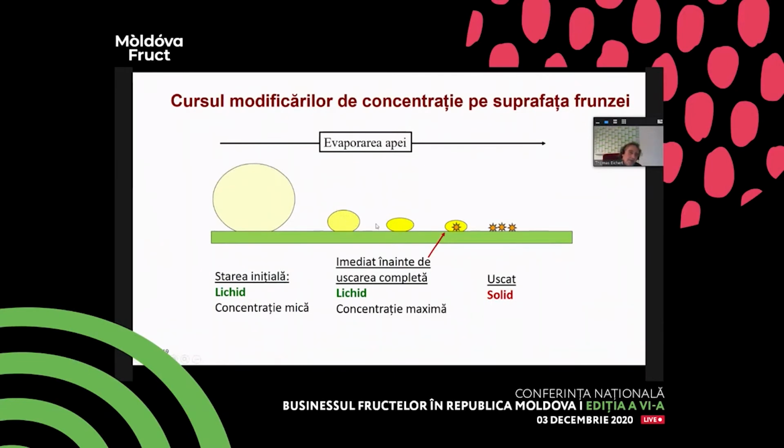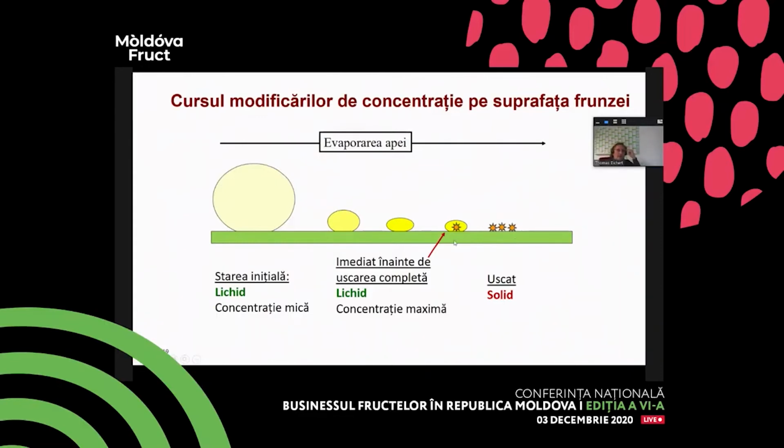It's getting more and more concentrated, and it may reach a point of maximum saturation of the salt. Every salt has a limited solubility in water, and once this solubility is exceeded, the salt will start to precipitate, and it may eventually dry out completely and be present on the leaf surface as a solid.